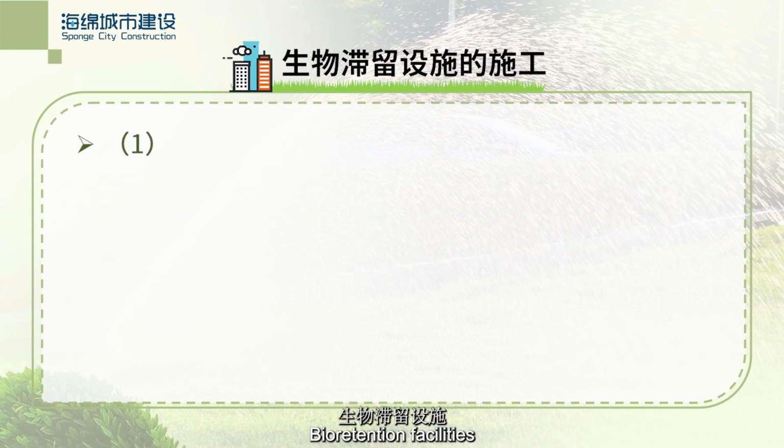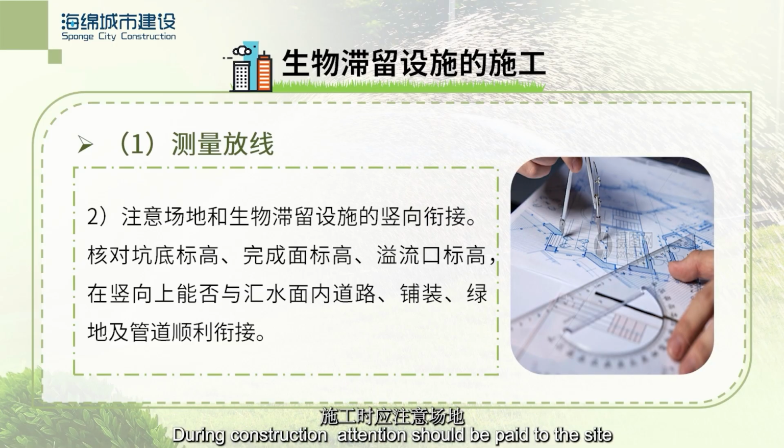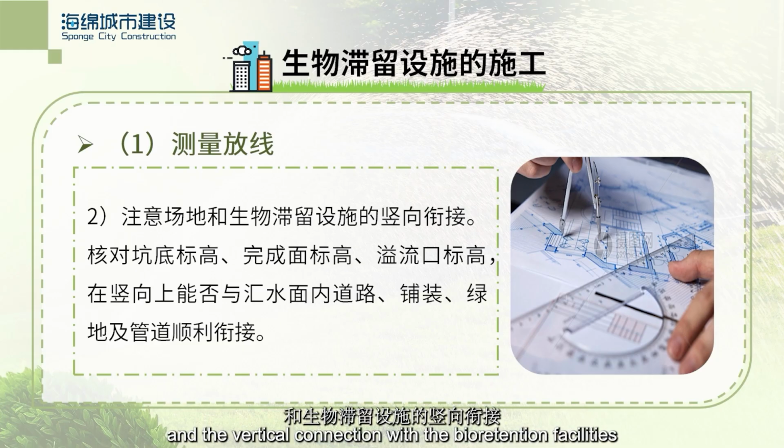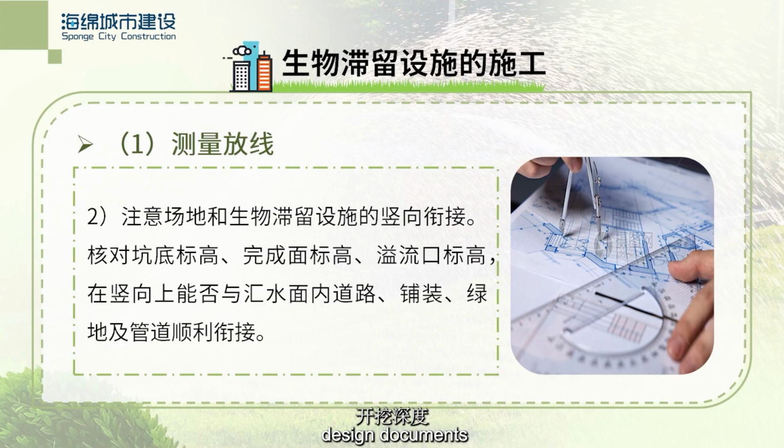Bioretention facilities should be located at the lowest point of the catchment area. During construction, attention should be paid to the site and the vertical connection with the bioretention facilities. The excavation depth of the bioretention facilities should be calculated according to the construction drawings and design documents, considering the site's vertical alignment.